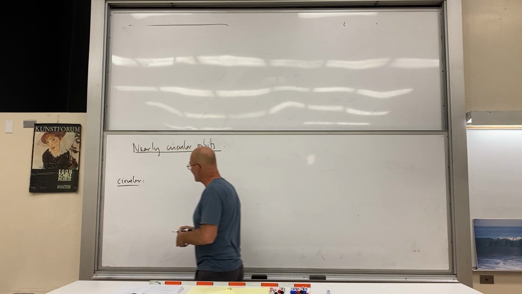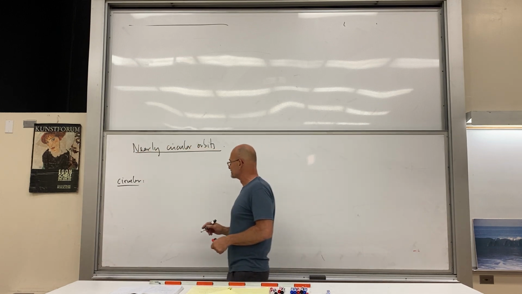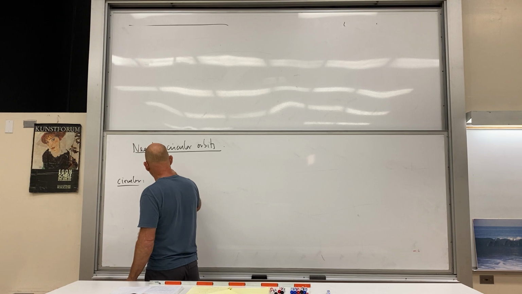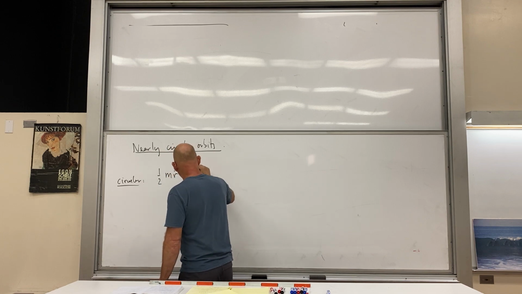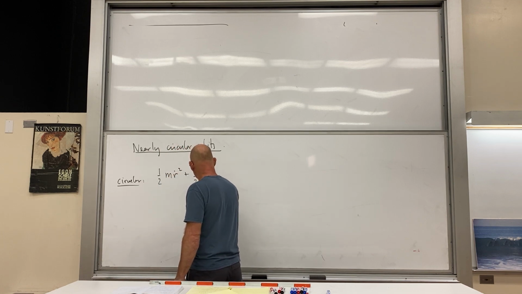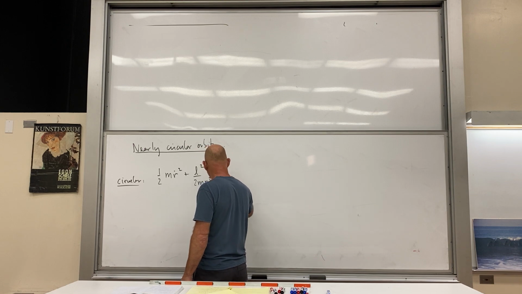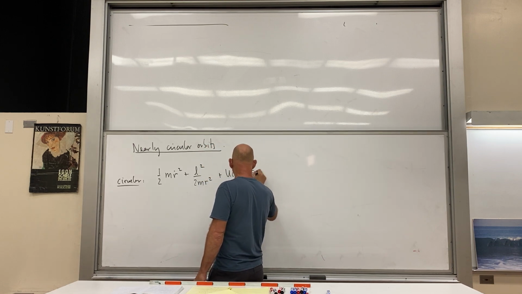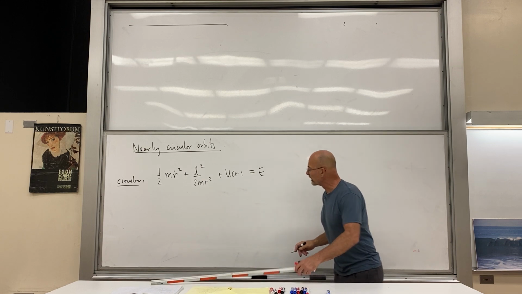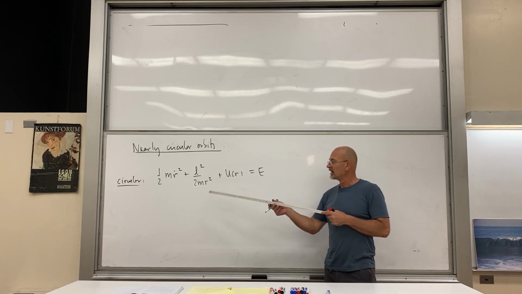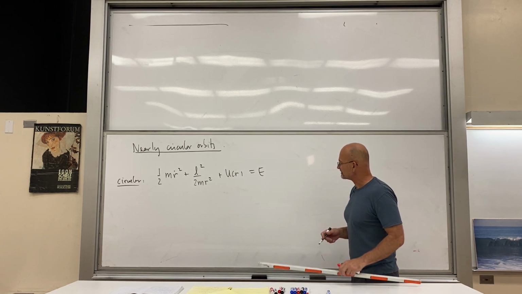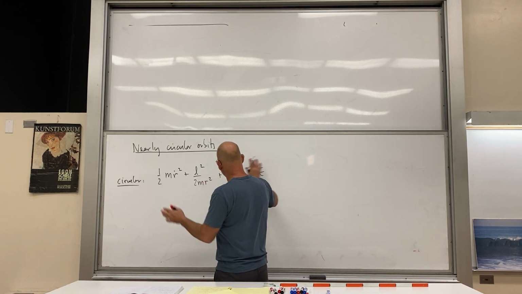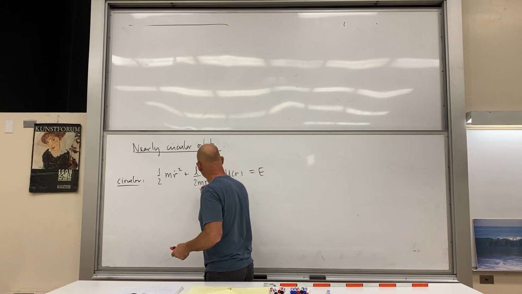Let's look at our effective potentials again. So we have our energy expression, 1/2 m r dot squared plus L squared over 2m r squared plus U of r is equal to E. So we're back to the expression that we used to integrate the differential equation and find the Kepler ellipses. So as you'll recall, this is the energy. We're in plane polar coordinates.